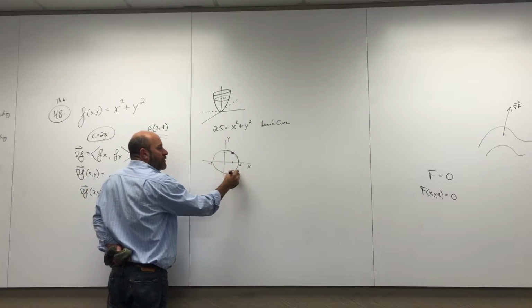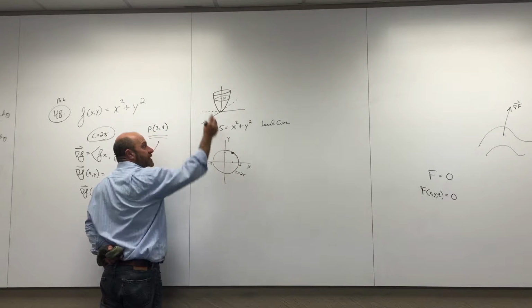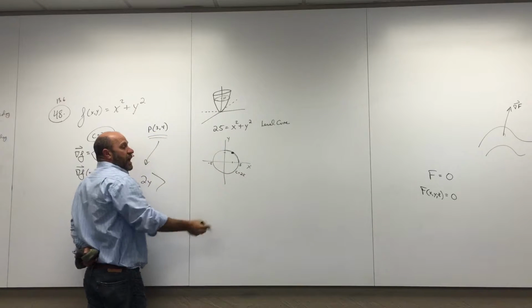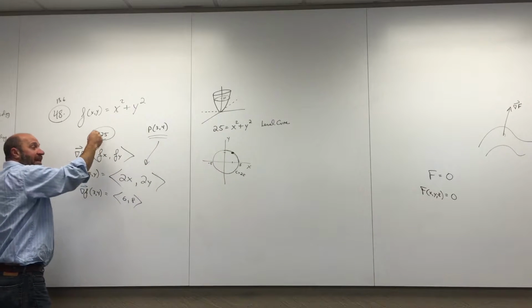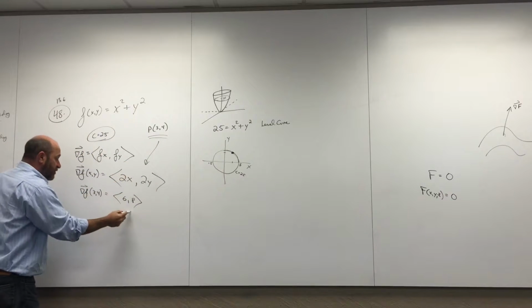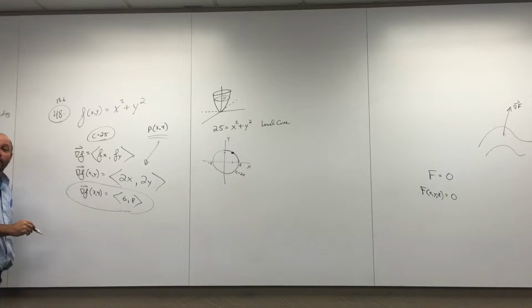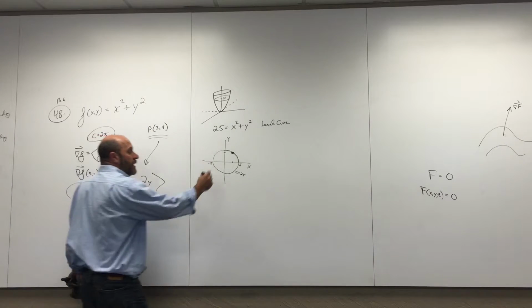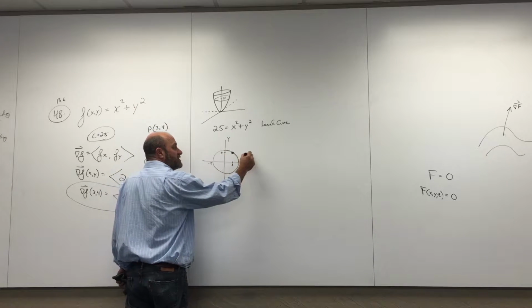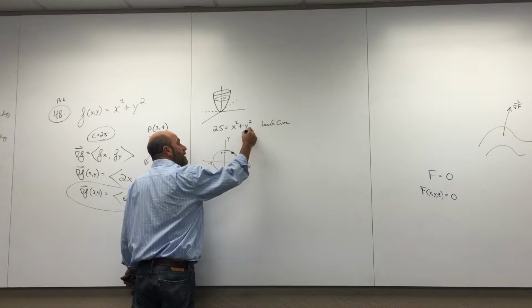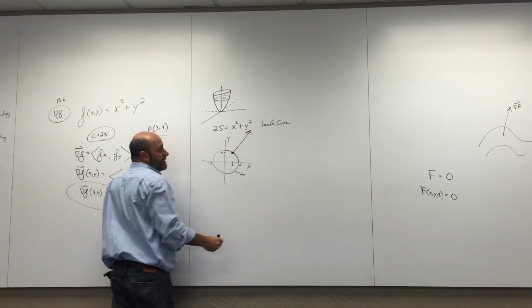So I got a level curve labeled C equals 25. It came from that 3D picture. It's a 2D level curve. At that point, on that level curve, I should be able to draw this gradient vector, and it should look like it's normal to the level curve. 6, 8. That would mean go over 6 and go up 8. I'll be darned.